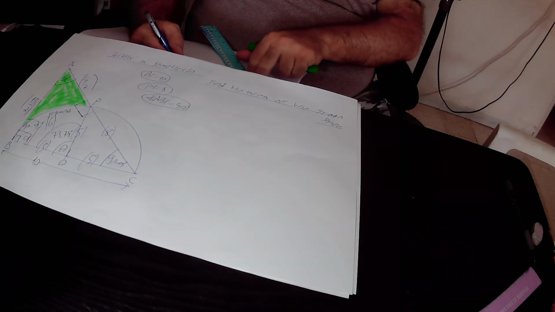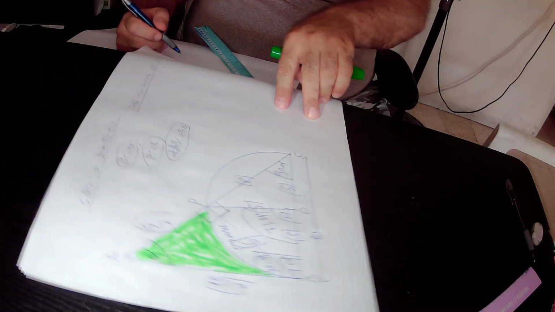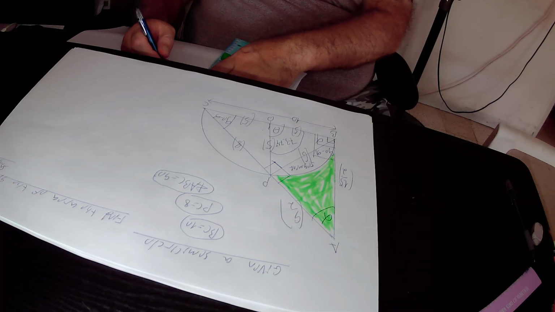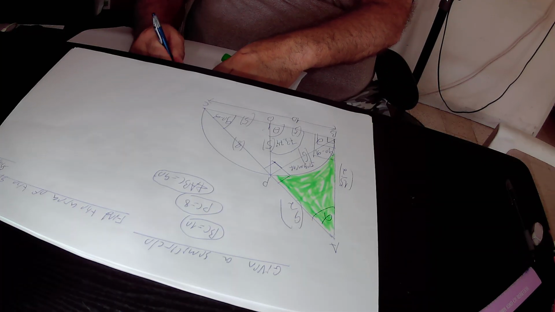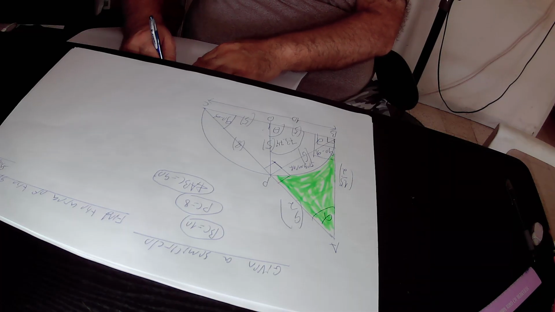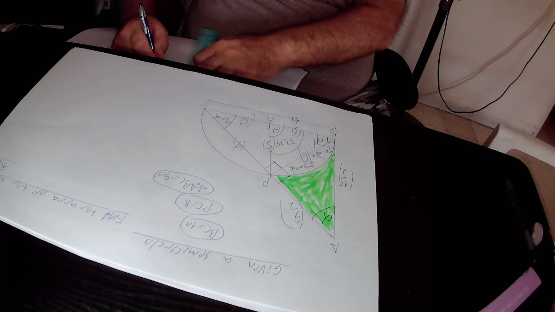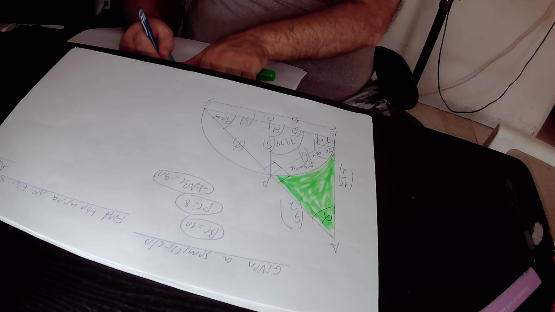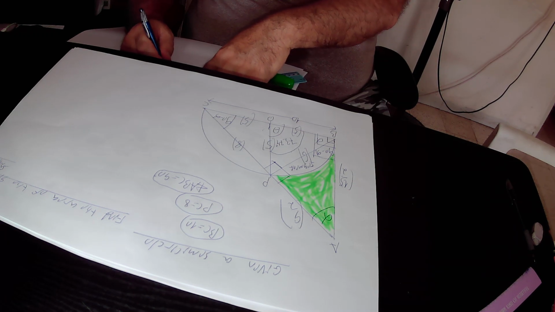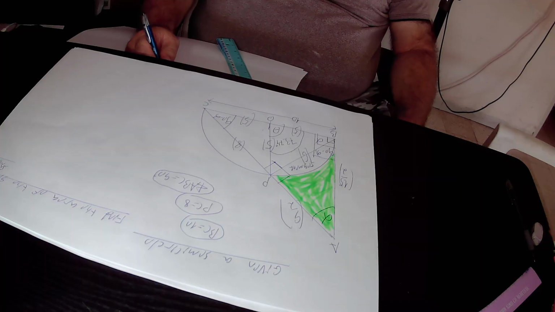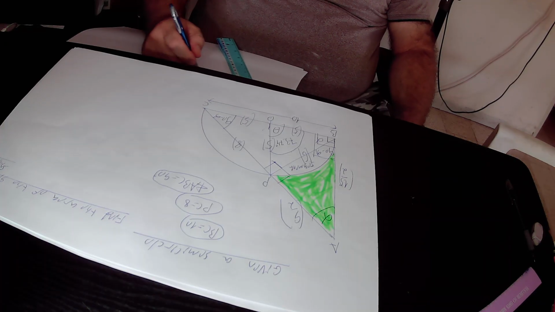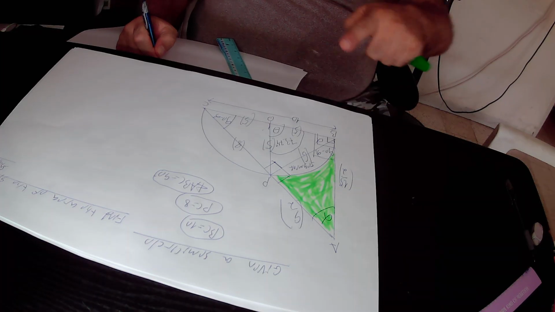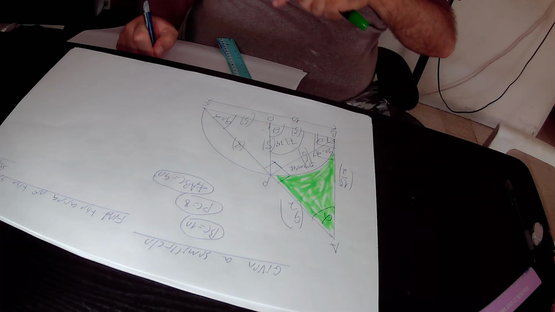So we found that the area of the green shape equals the area of the right triangle ABP minus the area of segment BP.